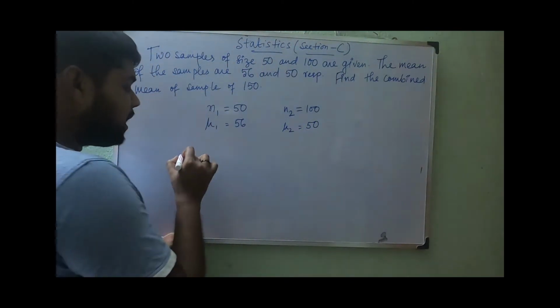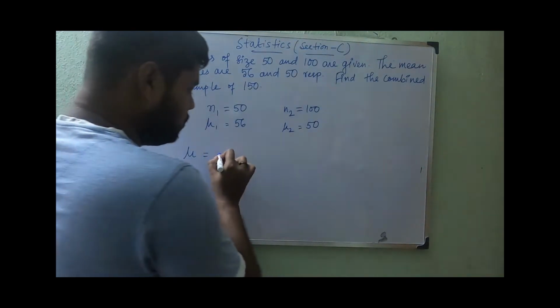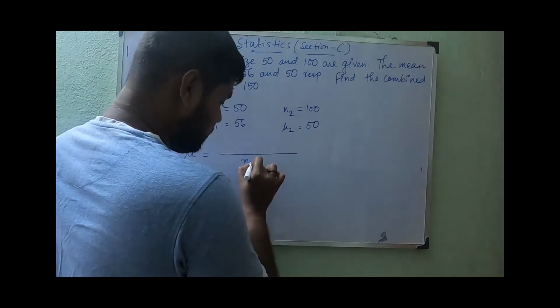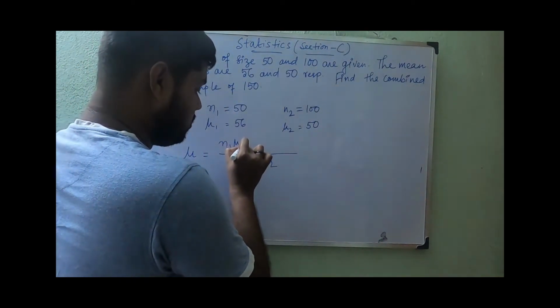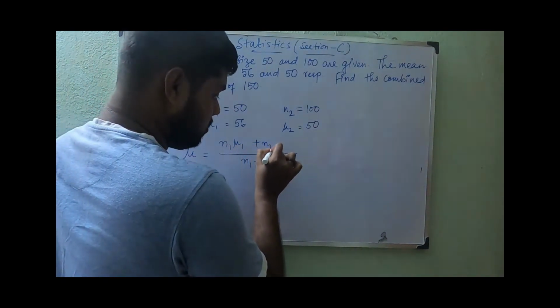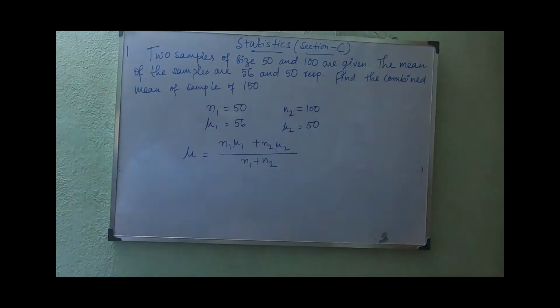So therefore the combined mean is equal to, this is the formula for finding the combined mean.